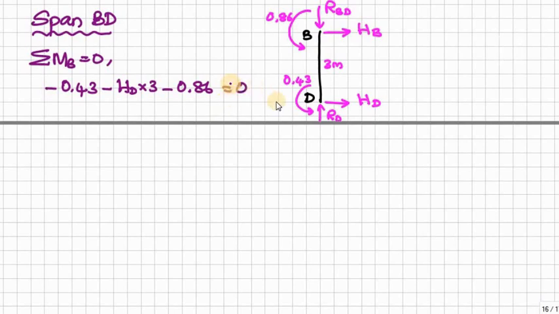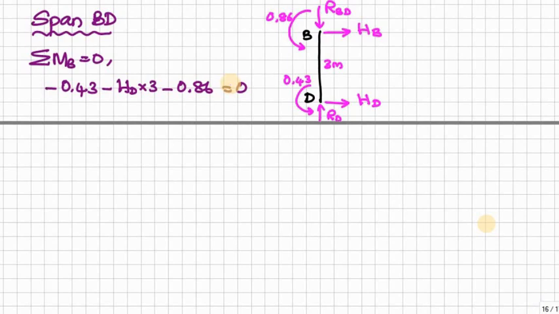Not exactly determinate, but we can still use the equilibrium equations to find out the values. By considering the whole structure also we can easily calculate the reaction values. No need to apply any compatibility equations.